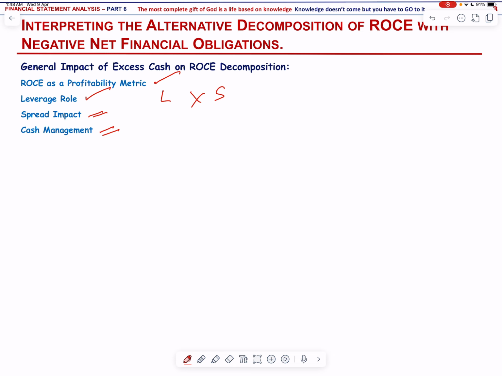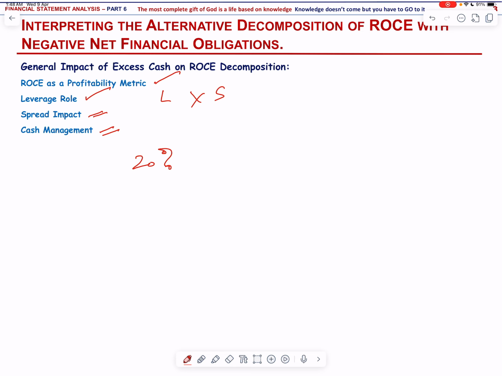So to conclude, in this case, the company's ROCE is strong. If you can remember, that is 20%. The presence of excess cash and the resulting negative spread suggests that the company is not using its cash effectively.